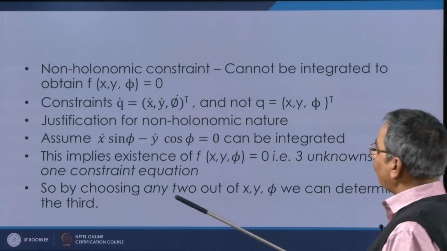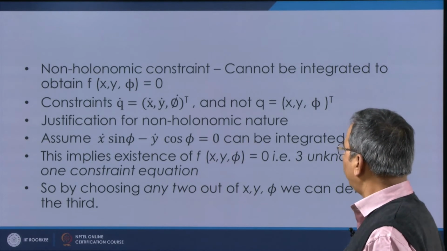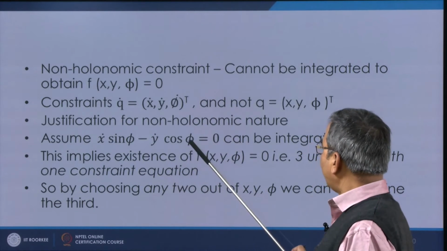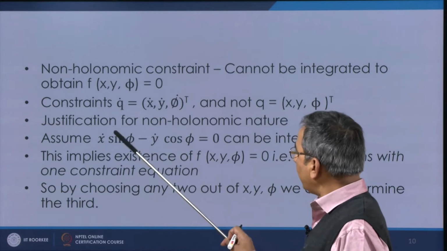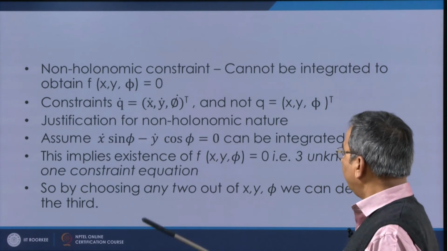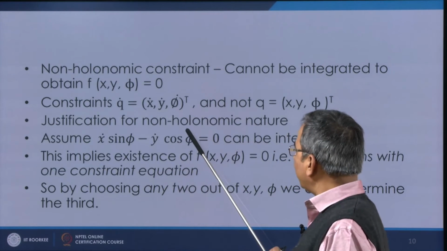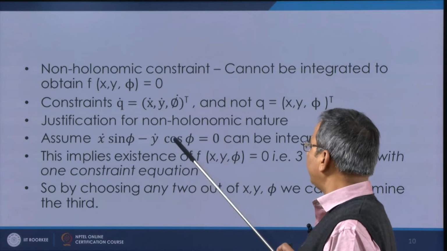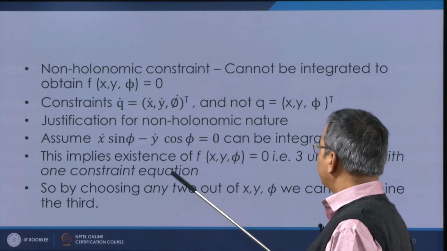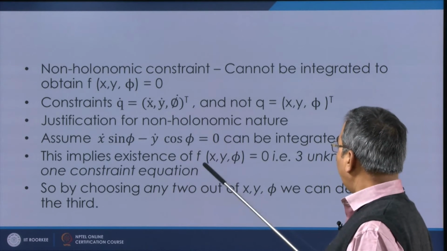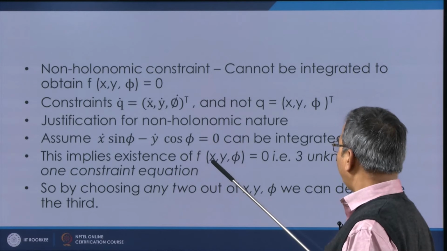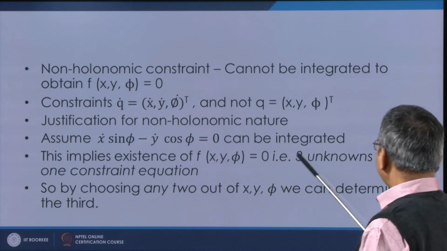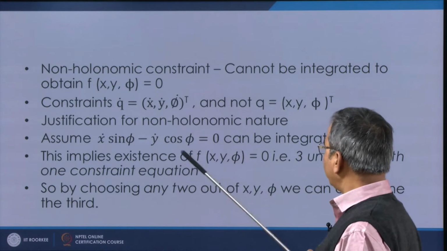Now, we can give the justification for the non-holonomic nature of this expression. Let us assume that this expression can be integrated. If I am able to integrate this expression and get the integrated expression in terms of displacement, this implies the existence of some f of x, y, phi is equal to 0, that is, 3 unknowns with one constraint equation.